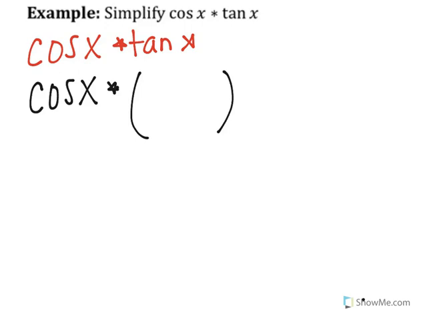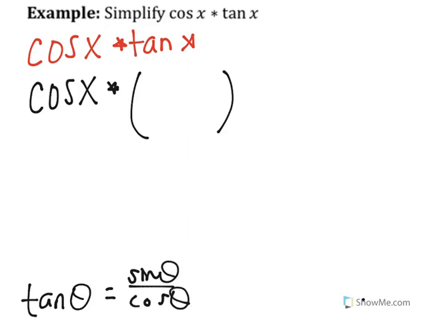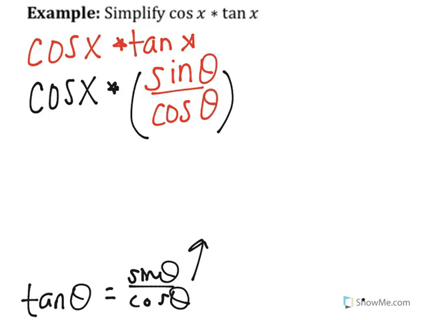My quotient identities tell me tangent is equal to sine over cosine. So I can just substitute sine over cosine in for tangent. So sine over cosine is replacing tangent. And I'm not going to use theta since we're using x. I'll stick with x.